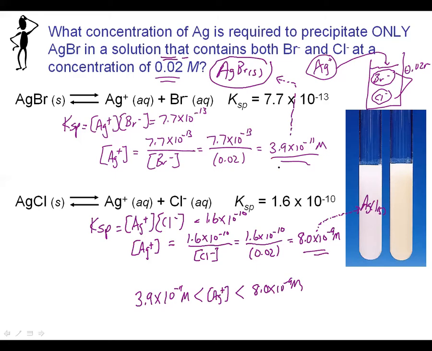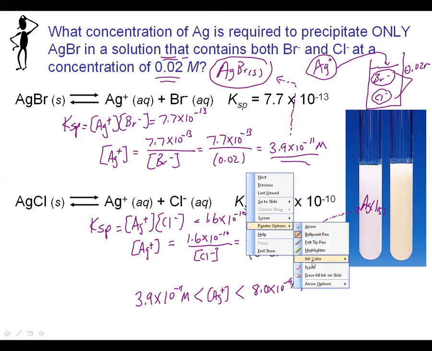There's also a reason why this question was worded the way it is, and it has to do with what we talked about last time as well. The question wants to know what you need to add to precipitate out the silver bromide first. The reason you could precipitate out the silver bromide first is this is a case where we can look at the KSP values and decide which one should precipitate out first.